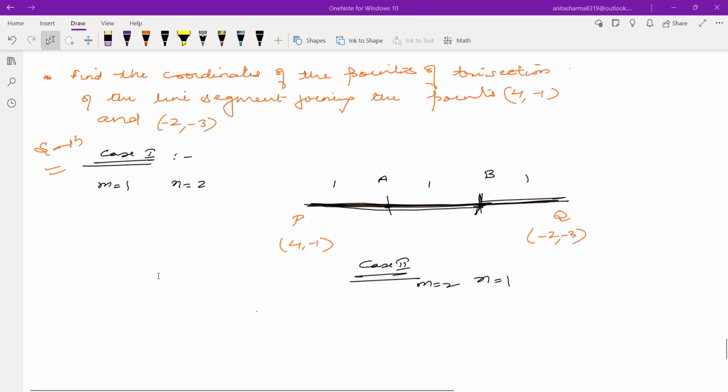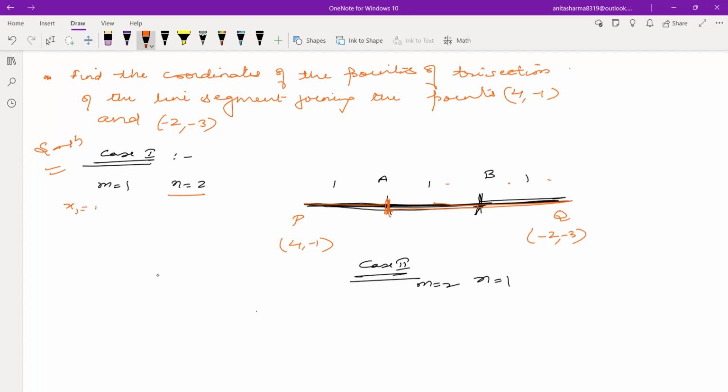Yes. See, beta, for case 1, the value of m and n. Have you understood this thing? Why have I taken the value of m as 1 and the value of n as 2? Because this point A is situated here. And the distance of Q from A is 1 plus 1, 2. That is the value of n. And the distance of A from P is 1. Right, beta?